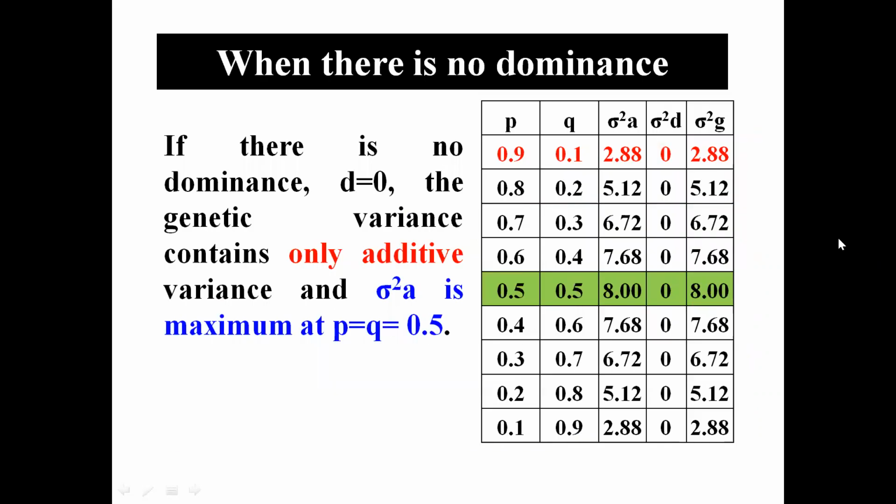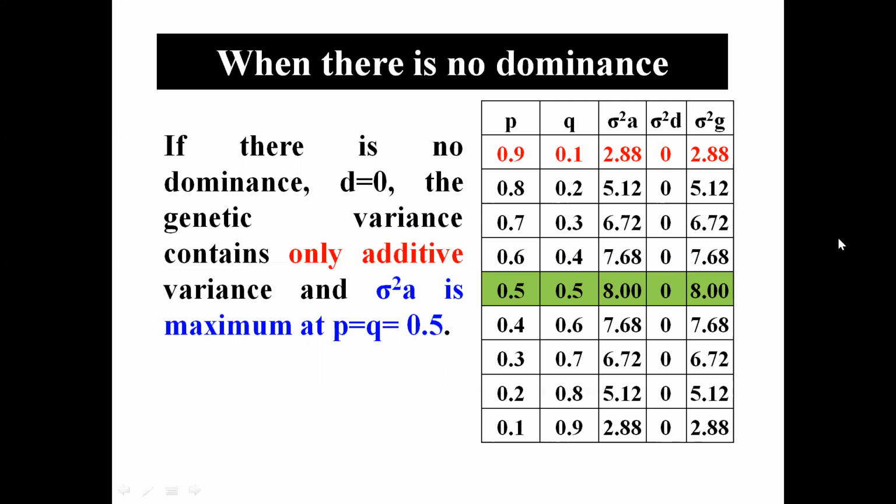As per our question, we have done our solution, but through this numerical example, I would like to share some important points also. When there is no dominance, you may say that genetic variance contains only additive variance.